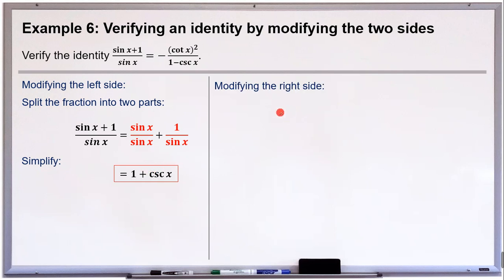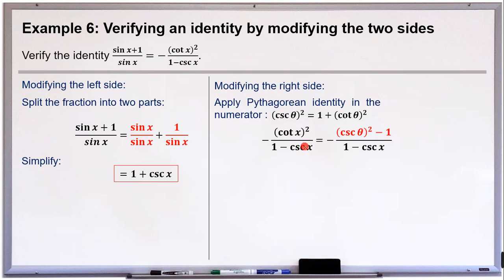Now on the right side, we are going to apply the Pythagorean identity in the numerator, that is for the cotangent and cosecant. We all know that cosecant theta squared is equal to 1 plus cotangent theta squared. Sorry, I forgot to edit this. So instead of theta, we will use x as our angle.